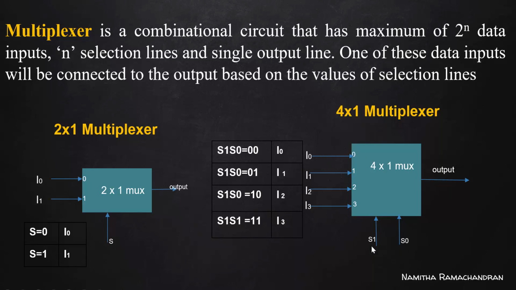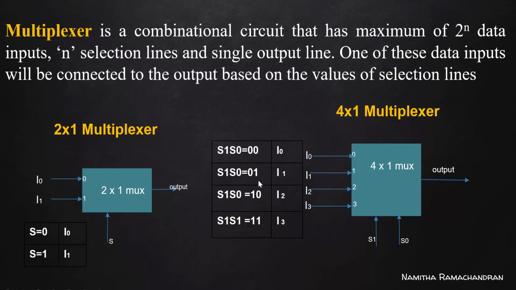In that case, it blocks all other 3 inputs from connecting to the output line. All these 3 inputs are blocked now and only input 0 is passed to the output line whenever the selection line value is like 0 0.